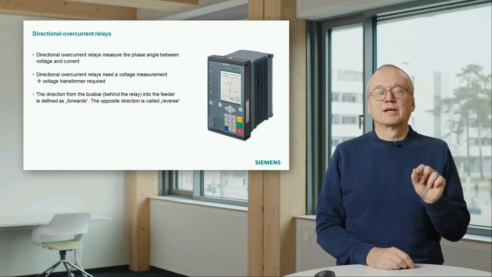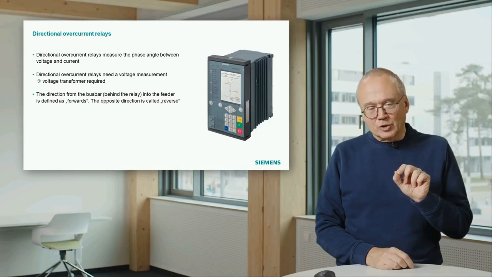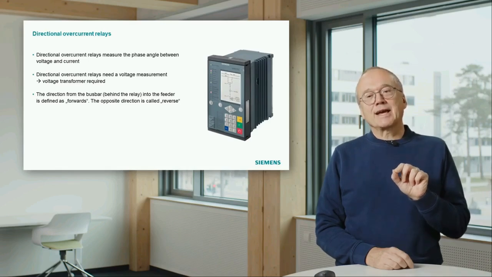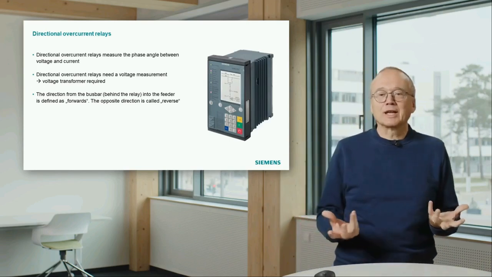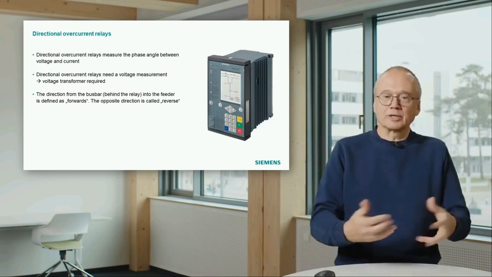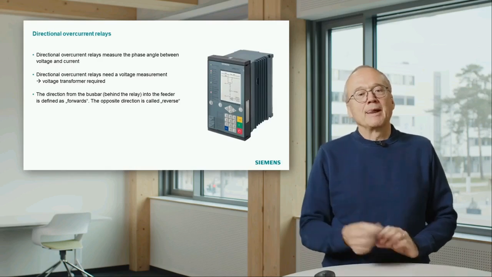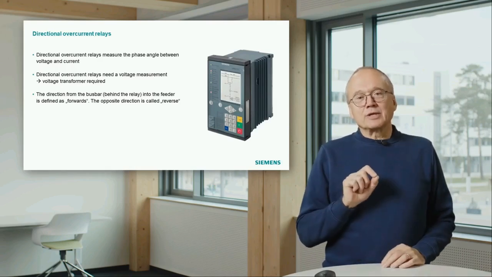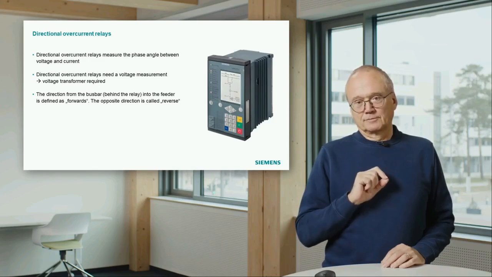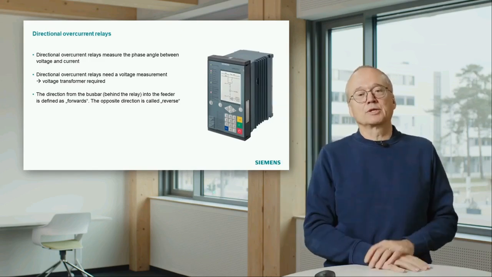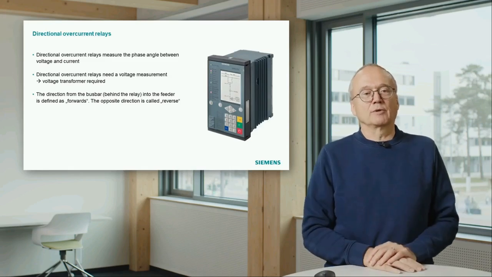That means a directional overcurrent relay has a voltage input. That means in terms of relay hardware, it's a little bit more. You need some software behind that. But you also need in your substation a voltage transformer, because you must measure the voltage of your line or your cable.